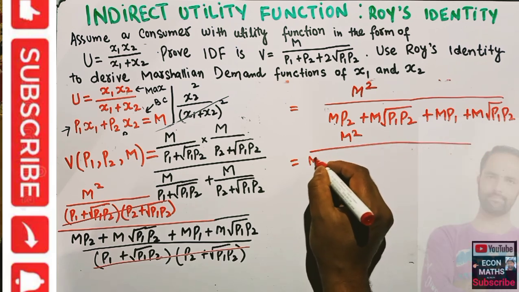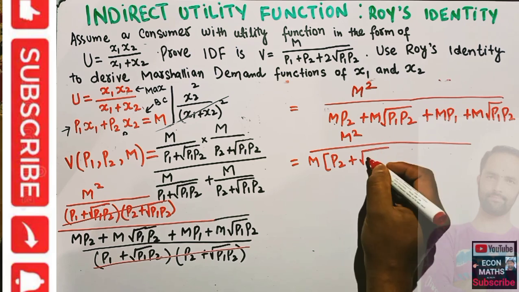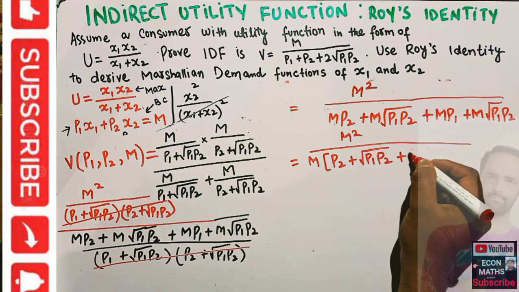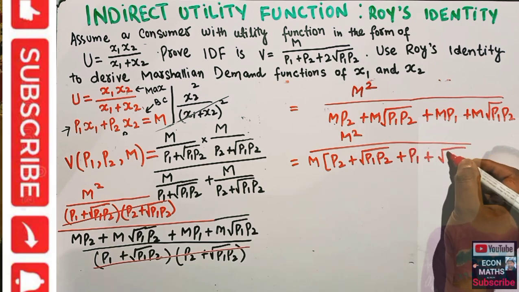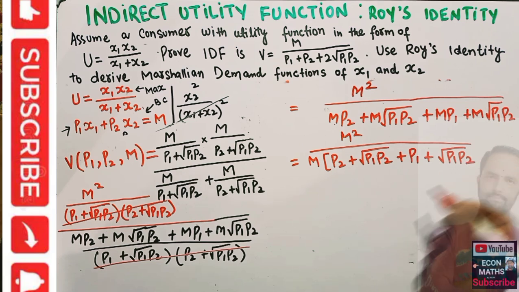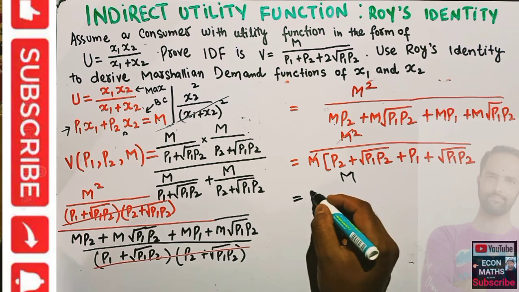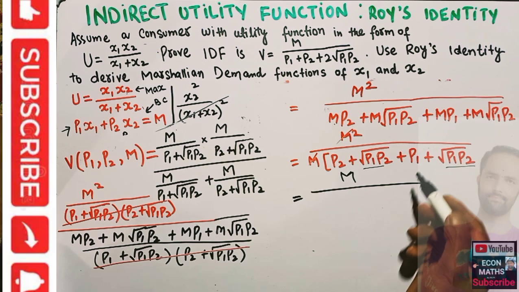Taking m common, I am left with p2 plus root p1 p2 plus p1 plus root p1 p2. M gets cancelled, so we are left with m. These are the same terms, so I can add them up.